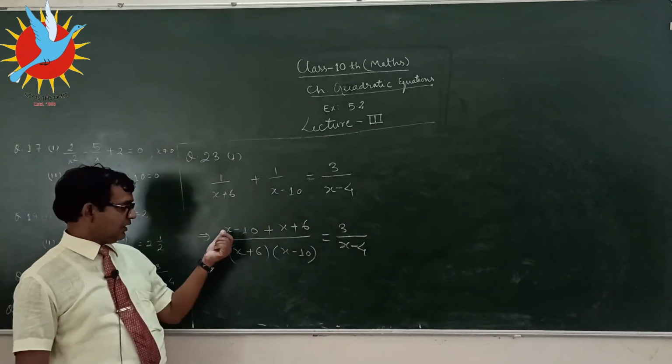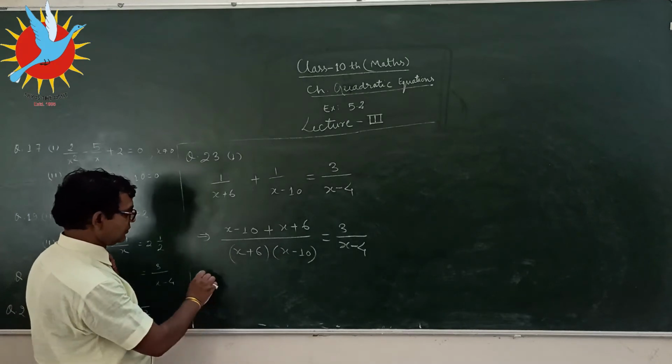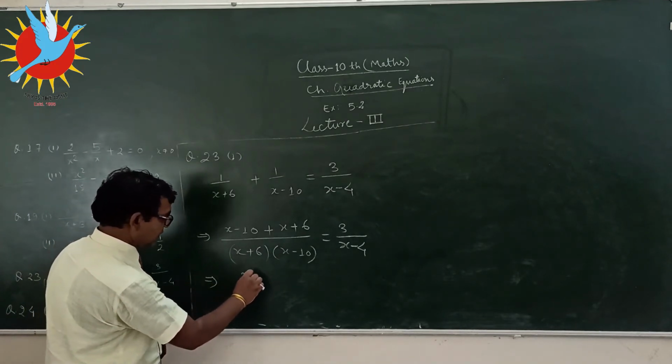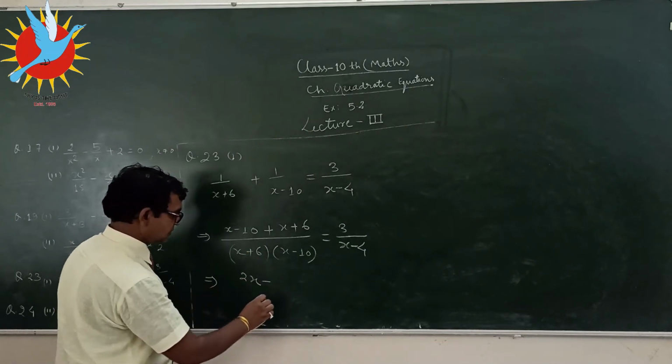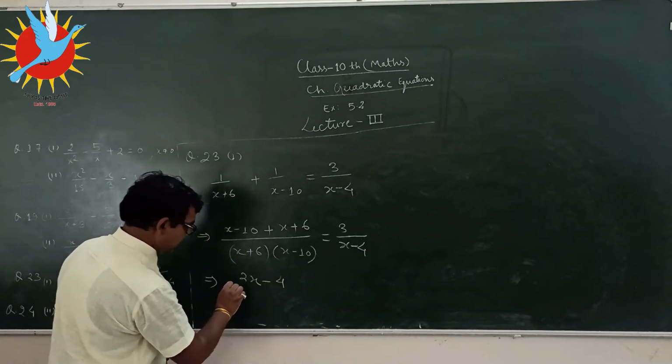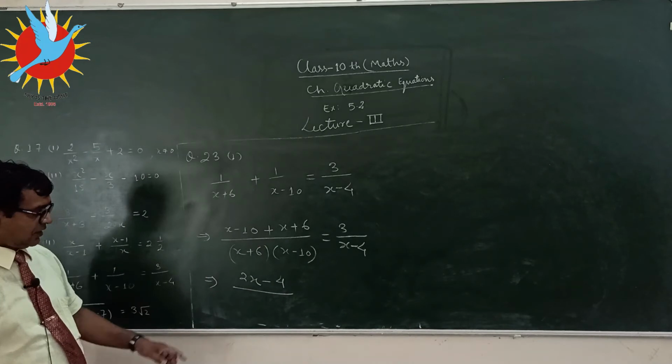Now x and x would be equal to 2x, and this is minus, this is plus, so 10 minus 6 would be 4.